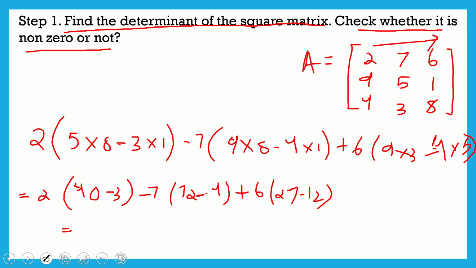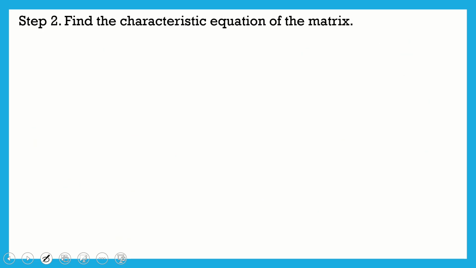Up to that, after that, if you solve it, you will get the answer as minus 360. After this it is just simplification. If you solve this, you will get your answer minus 360.